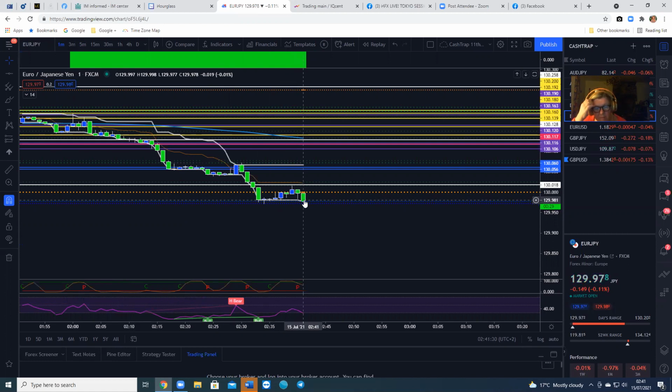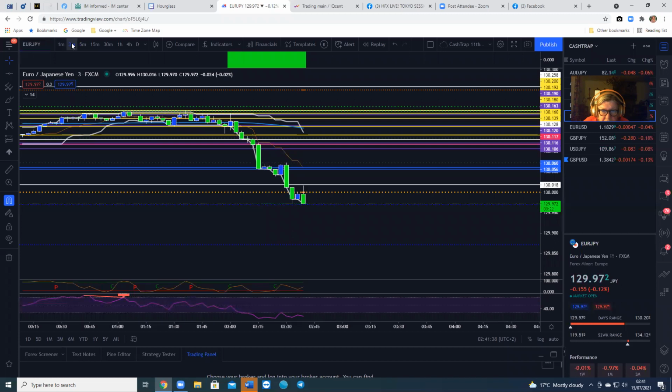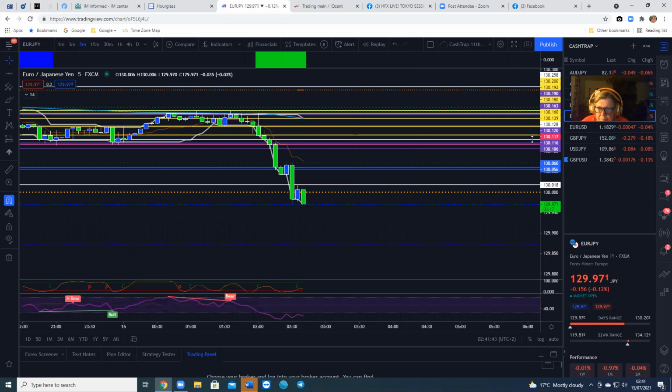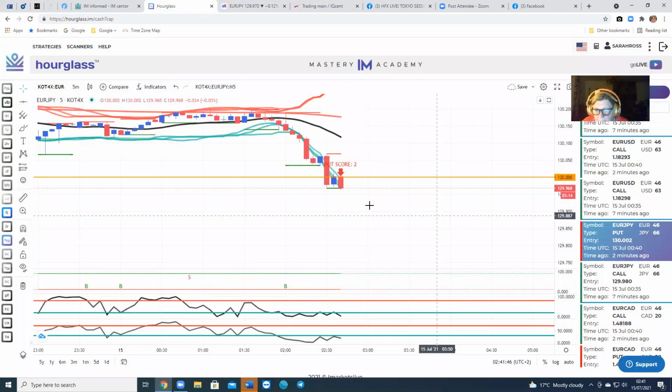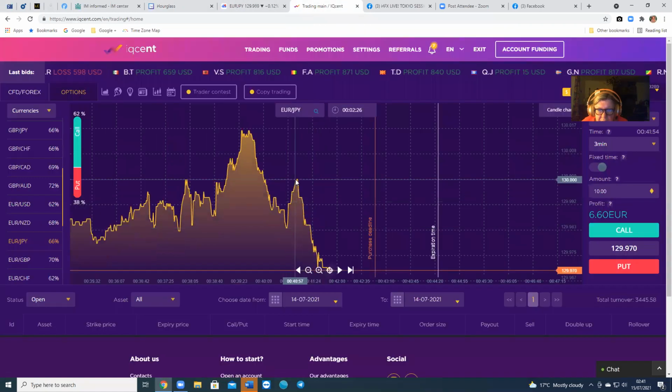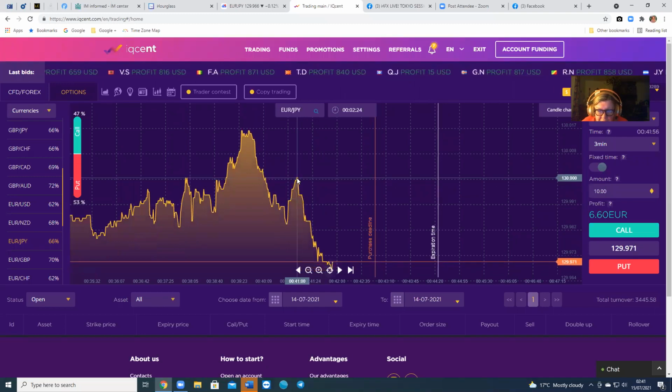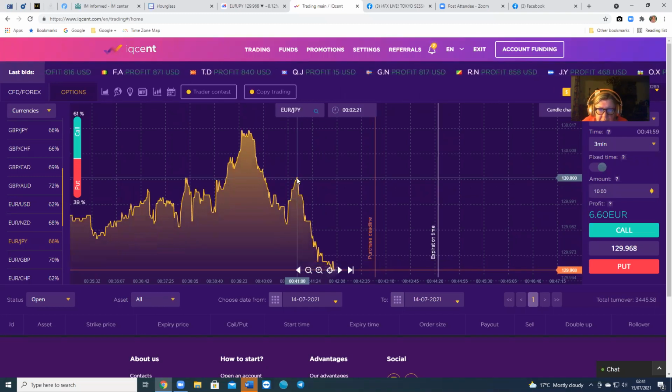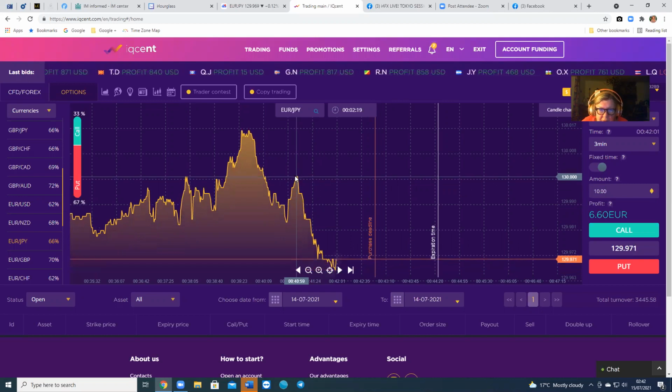This is the 1 minute candle. Just came back at the 1 minute into this 5 minute candle up to the whole number.